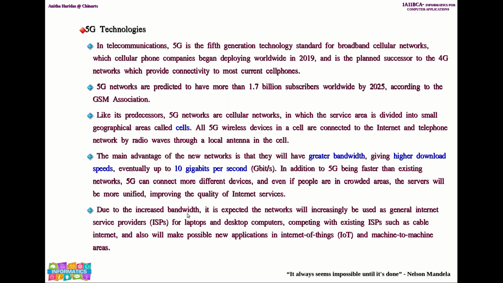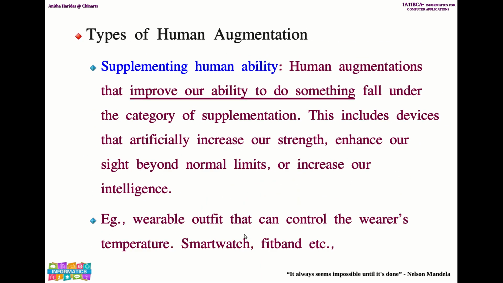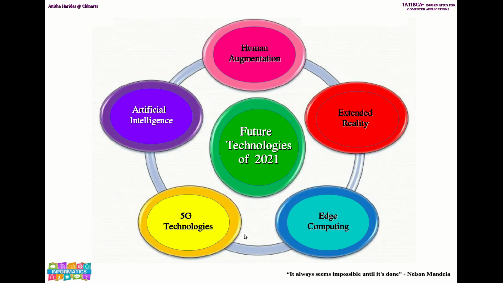Due to the increased bandwidth, it is expected the networks will increasingly be used as general internet service providers for laptops and desktop computers, and it will be competing with the existing internet service providers. So these are the 5 emerging technologies we see nowadays in the information and technology sector.